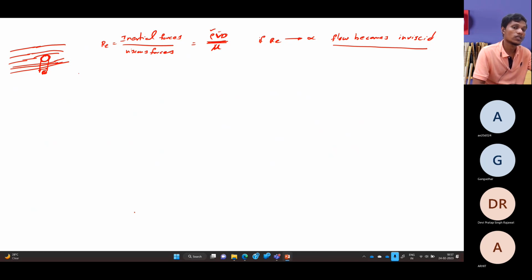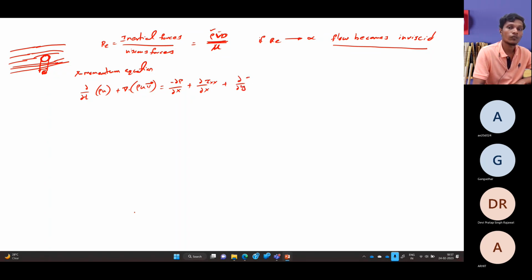So let me write the x momentum equation. The x momentum equation one can write like dou by dou t of rho u plus del dot rho u v bar is equals to minus dou p by dou x plus dou by dou x of tau xx plus dou by dou y of tau yx plus dou by dou z of tau zx.